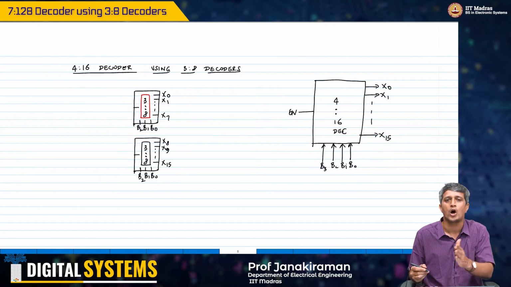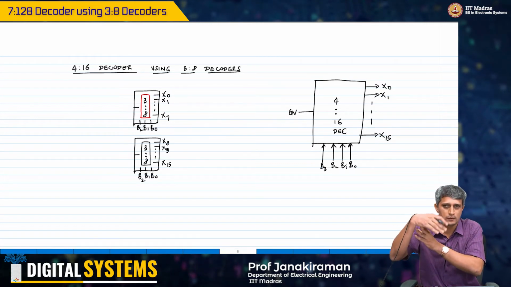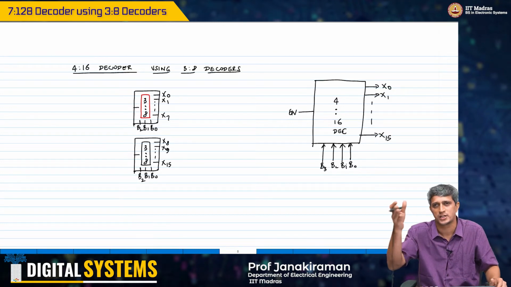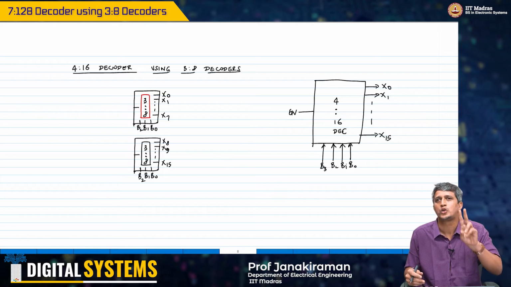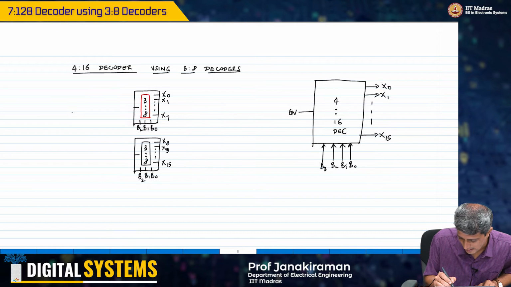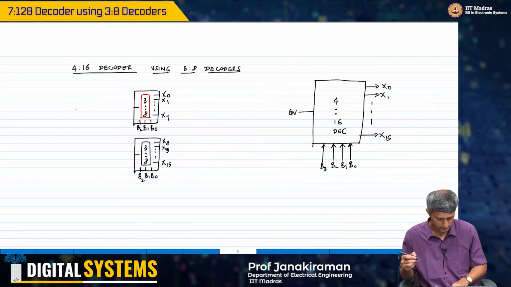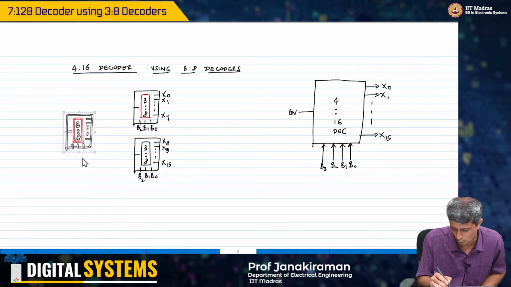So now, having built the level that is closest to the output using 3:8 decoders, I just need a 1:2 decoder on this side. Okay, and we already saw how to build a smaller decoder using a larger decoder.